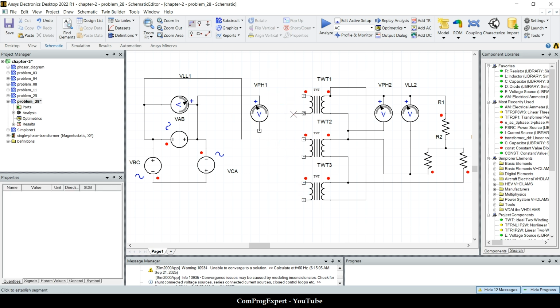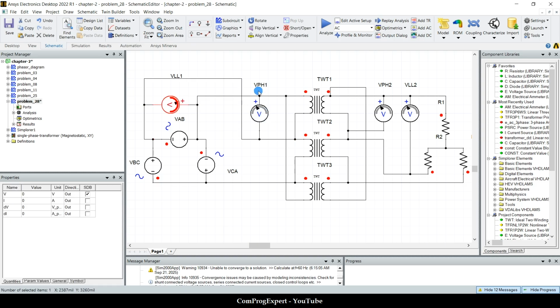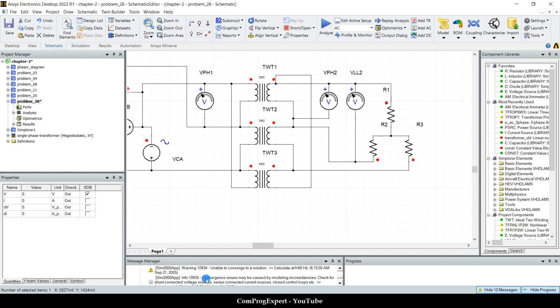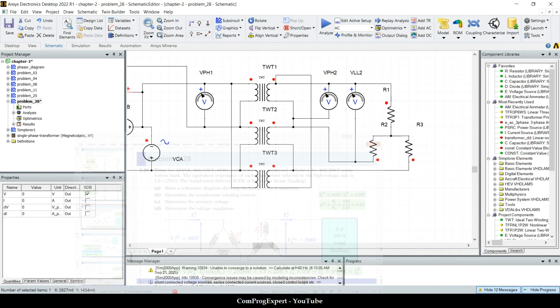I can make this delta connection. You know the pattern. So then this is the voltage of the phase A. This is for the phase B, and this is the phase C. Here is the line-to-line voltage VAB, and this is the voltage of the phase 1. For the output, we need to have this star connection.